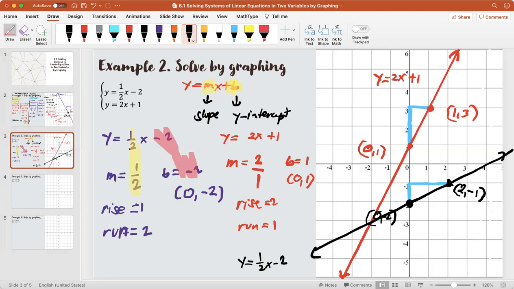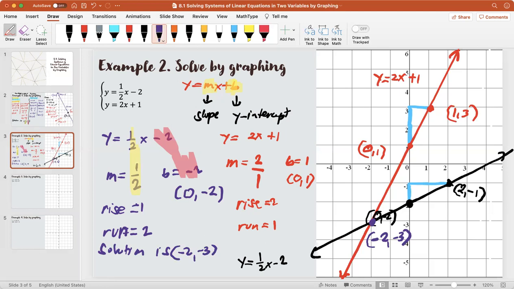All right, so where do they meet? They meet here. And what are the coordinates of that point? It's going to be -2, -3, and that's your solution. Your solution is -2, -3.